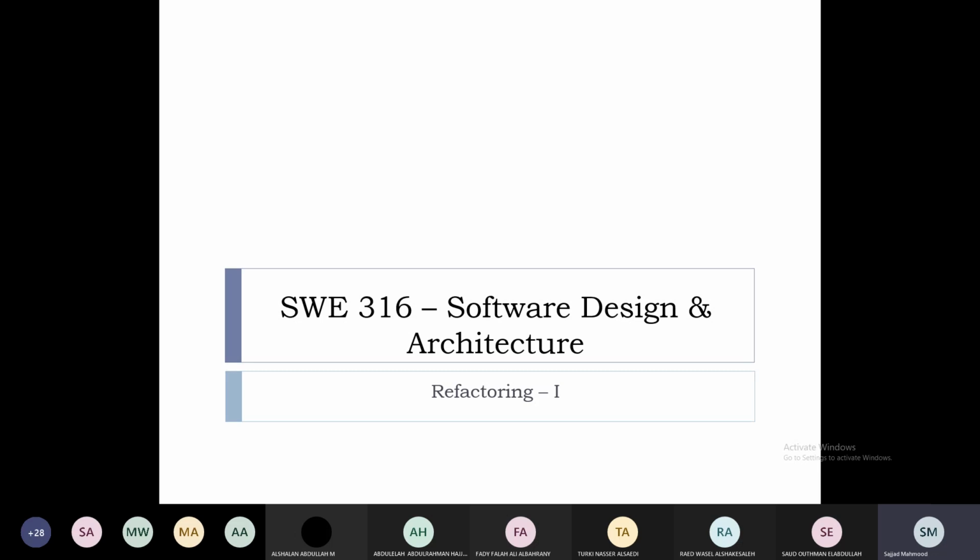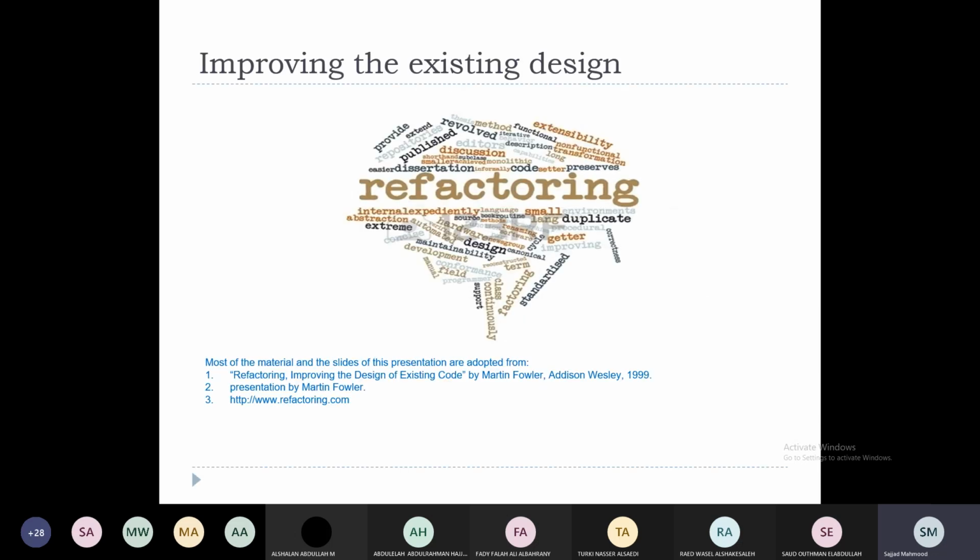Refactoring has been around for about 20-21 years, first introduced by Martin Fowler way back in 1999, and ever since, a lot of work has been done on understanding refactoring and coming up with solutions. Some in the beginning were manual. Now a lot of people are trying to make it automated using machine learning techniques and so forth.